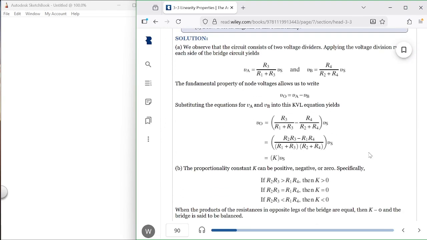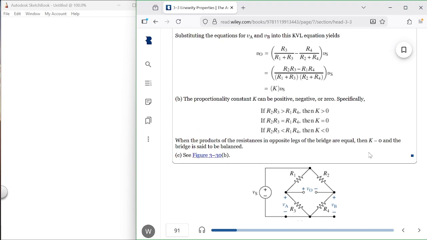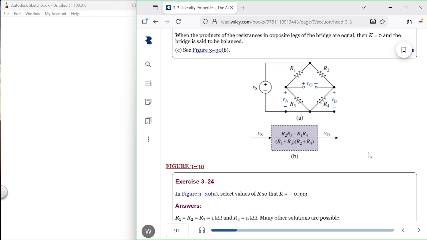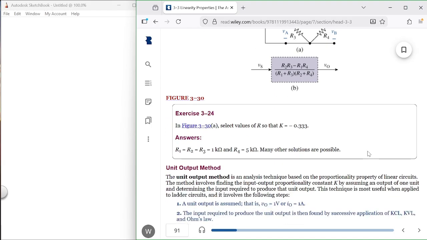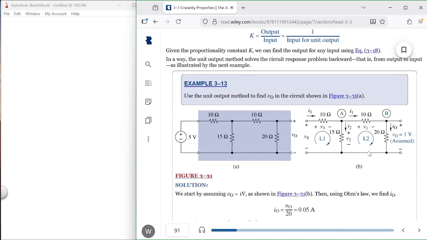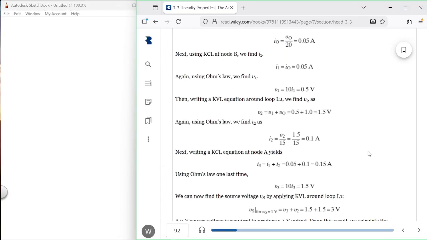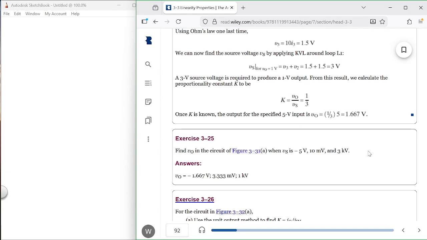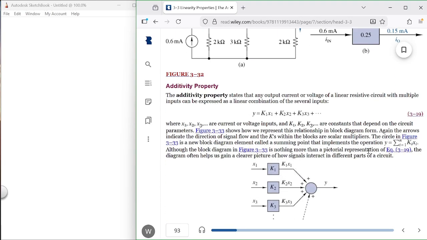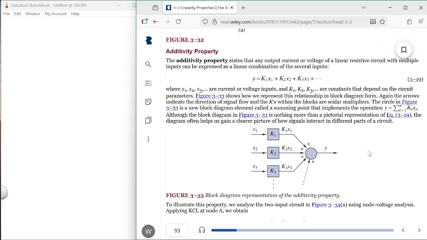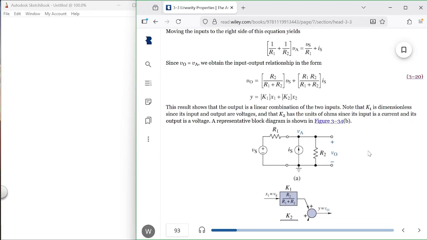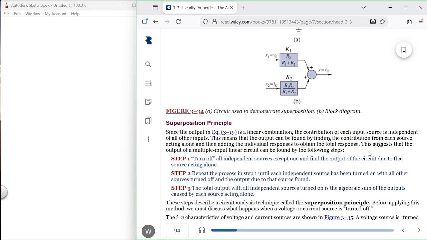Now they do talk about Thevenin and Norton in this chapter, as well as maximum power dissipation. So they ask you to be able to do those as well. And this is still a linear section. Superposition, additive property. Very rarely used. There's superposition.